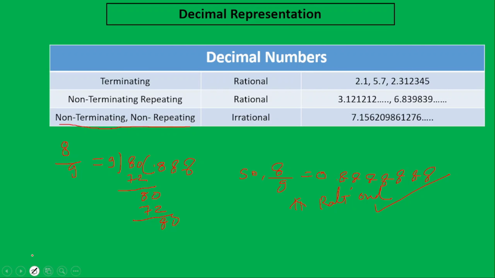Now non-terminating and non-repeating. It won't terminate, and there is no repetition, just some random or different pattern. So root 2. You can check at your end what root 2 is. I will write up to some decimal places: 1.414213562. There is no repetition, no pattern.